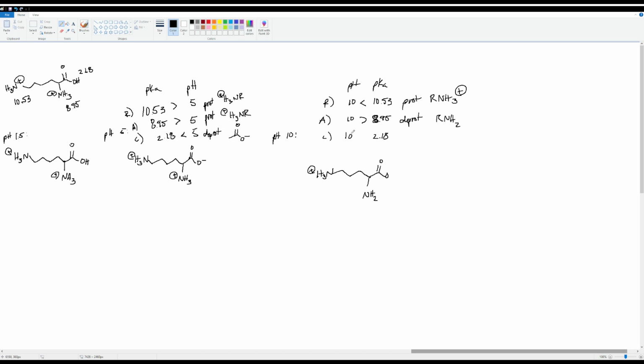Okay, and finally, for my carboxyl group, pH or pKa greater? My pH is greater, right? Because I'm dealing with 10 and 2.18.